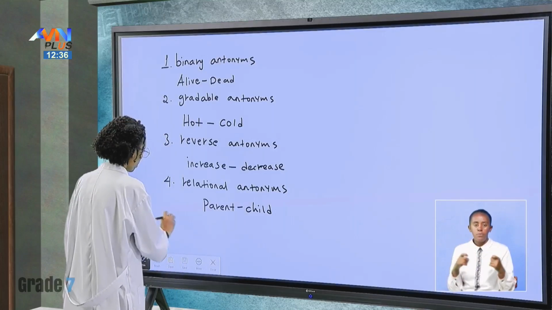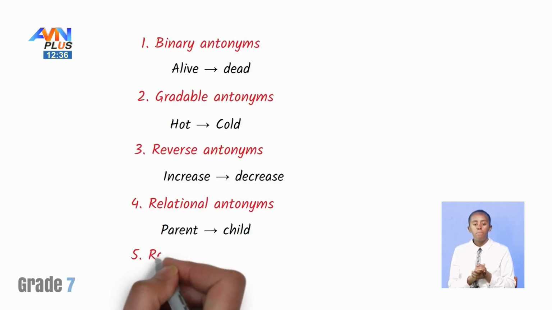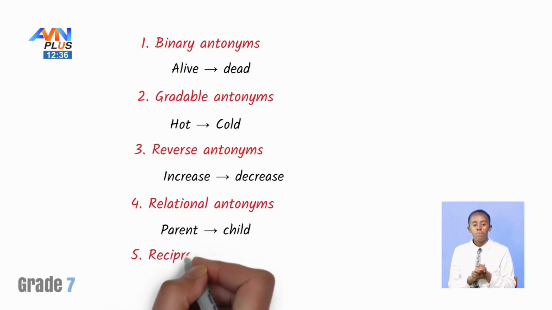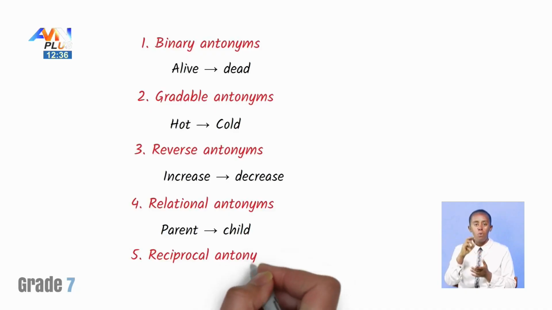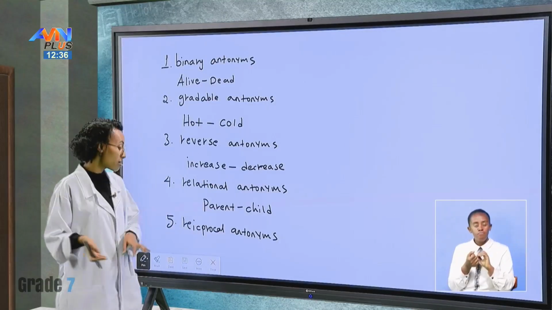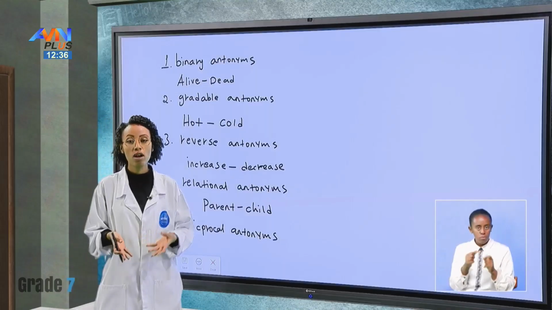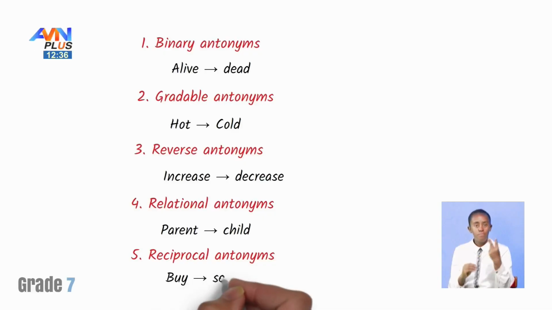The fifth and the last one is reciprocal antonyms. Reciprocal antonyms are antonyms that are reciprocal. For example, buy, sell. If you see here, they are reciprocal.